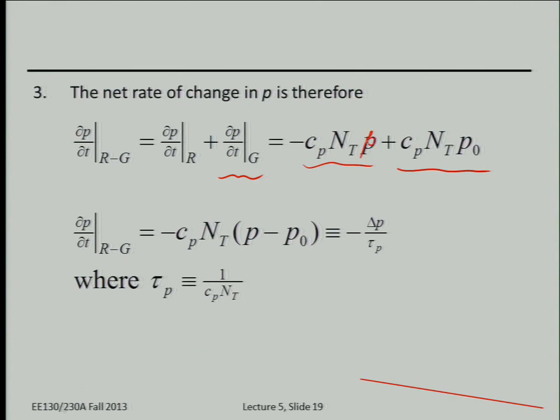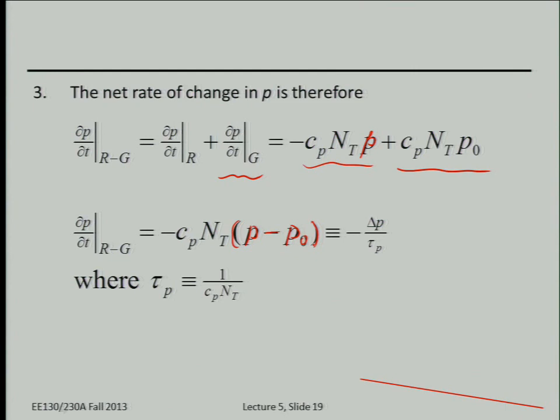And it just turns out that the net generation-recombination rate is proportional to the difference between the net minority carrier concentration and the equilibrium state minority carrier concentration, right?